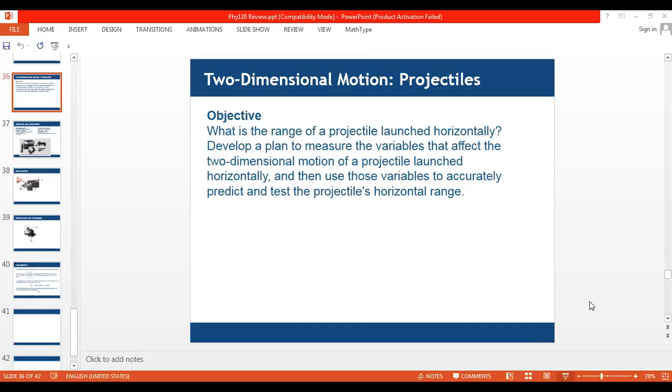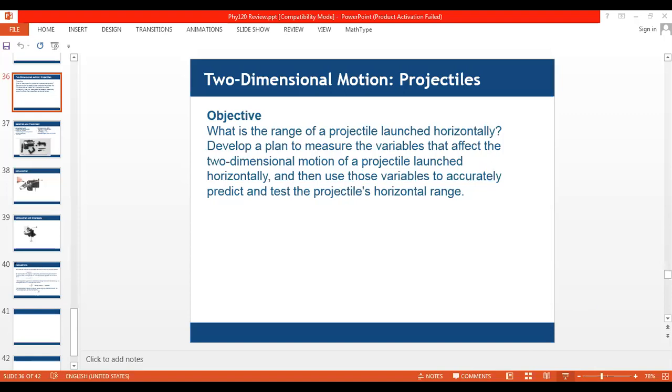Okay, this was a short video for projectile motion showing how you can connect these two, the mini launcher and the smart gate. How can we connect these?